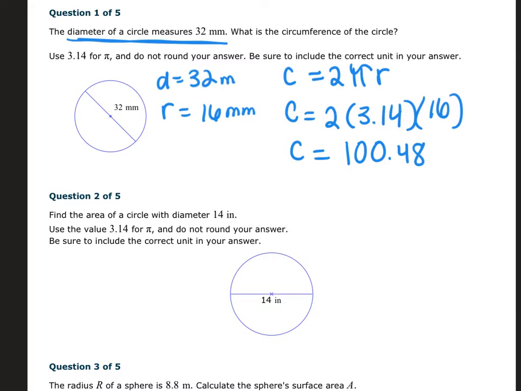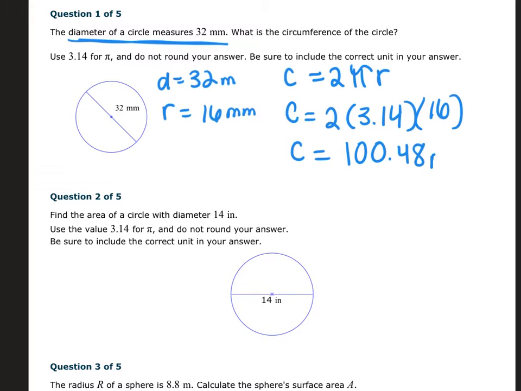But be sure to include the correct unit in your answer. Circumference is just like perimeter, it's a distance around something. So for this particular problem, it's just going to stay millimeters. Not millimeters squared, not millimeters cubed. Remember, anything squared is for area, and when we cube our units, that is when we are dealing with volume.